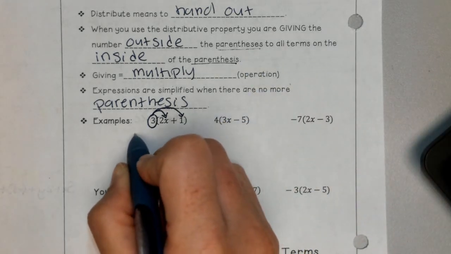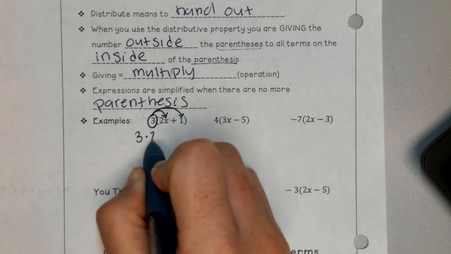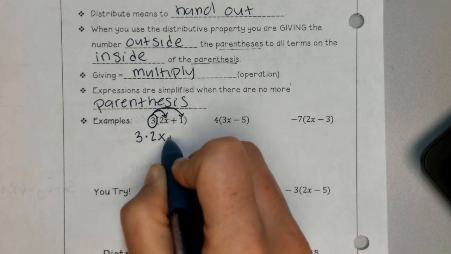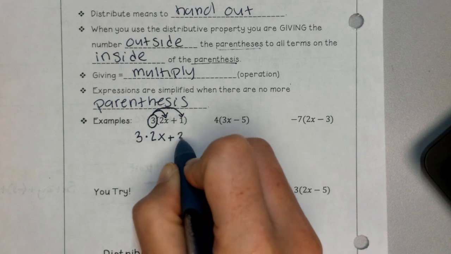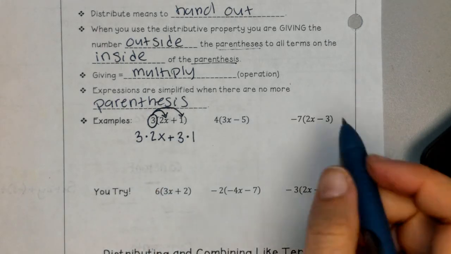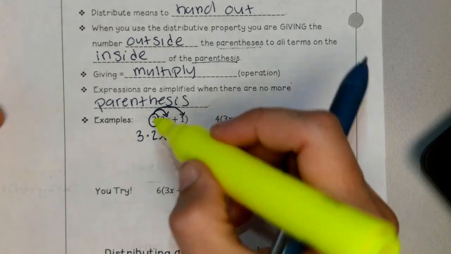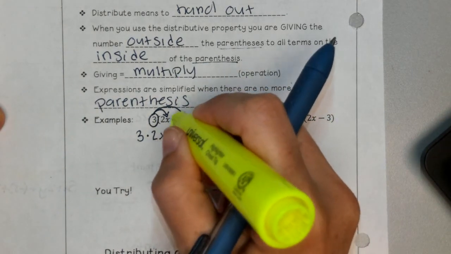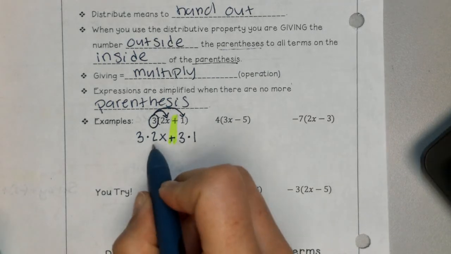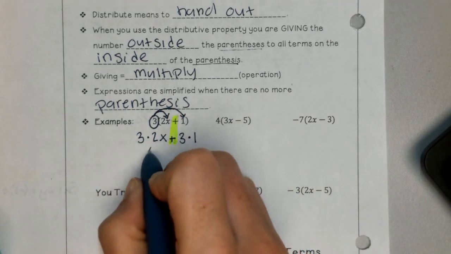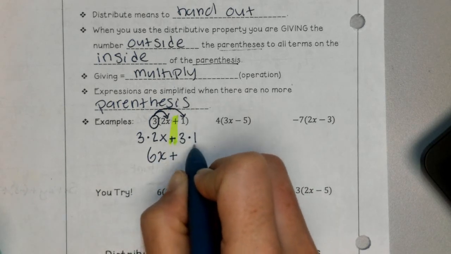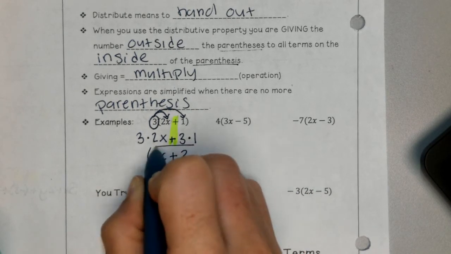So this first one is 3 times 2x plus 3 times 1. I copied this addition sign. 3 times 2 is 6, so 3 times 2x is 6x, plus 3 times 1 is 3.